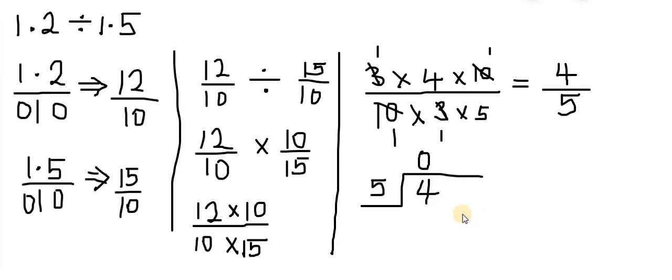We want to continue, so we add a point that allows us to add a 0. 5 in 40, that's 8. If you go down the 5 times table, and then you subtract, end up with zeros. So 4 fifths as a decimal is 0.8.